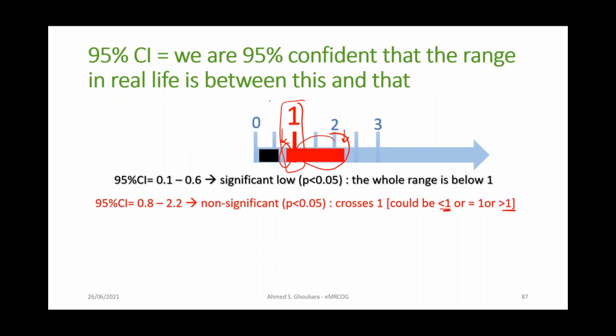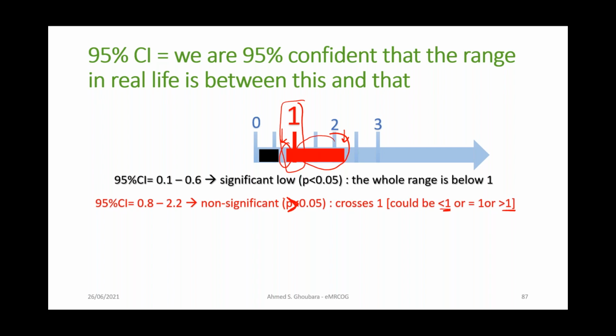No, this is non-significant. Every time you see relative risk or odds ratio crossing 1, be 100% sure that this is a non-significant result. Basically, the exposed group and the non-exposed group are the same.